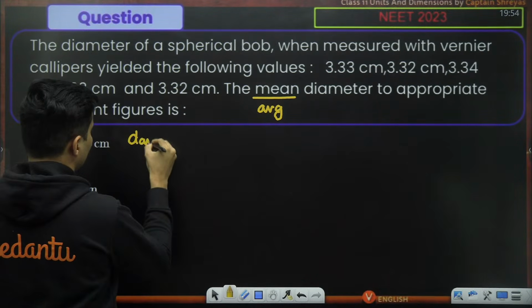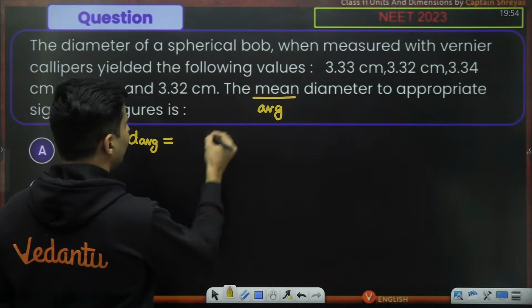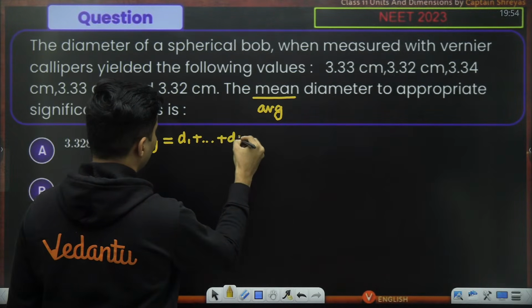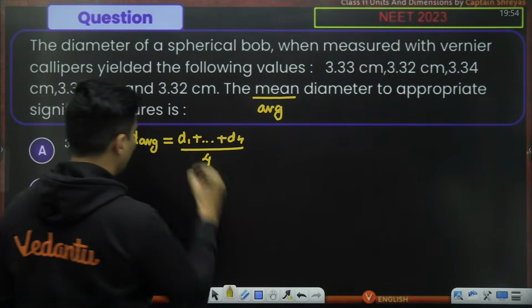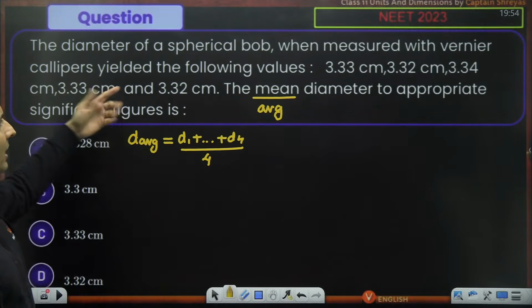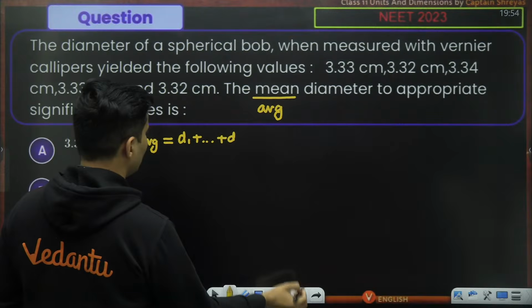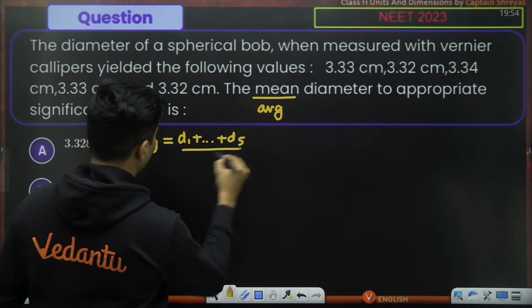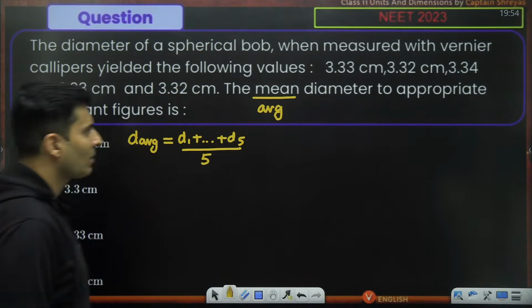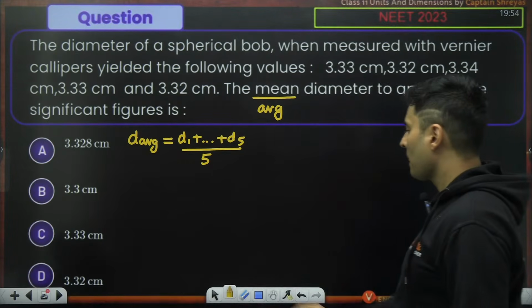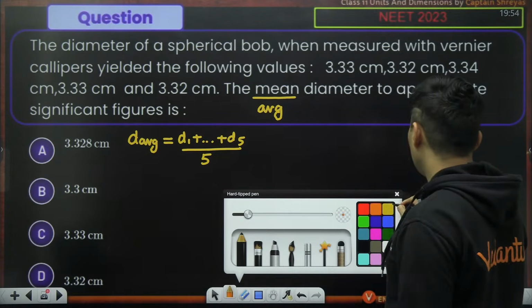So average diameter will be, simply put, d1 plus d2, like that, up to d4, the whole thing divided by the number 4. That's it. I think 1, 2, 3, 4. Sorry, there are 5 values over here. So d5, the whole thing divided by 5. However many values are there, you divide it by the number of quantities. All right. So let's do that now.